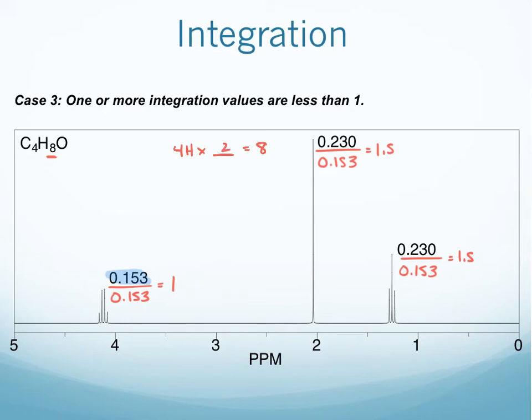So all of these values need to be multiplied by 2. So this first one, the final integration is for 2 hydrogen. The second one, the final integration is for 3 hydrogen, and then the third one, the final integration is for 3 hydrogen. And now if you add these up, 3 plus 3 plus 2, we get 8 hydrogen, which is what we need to account for.